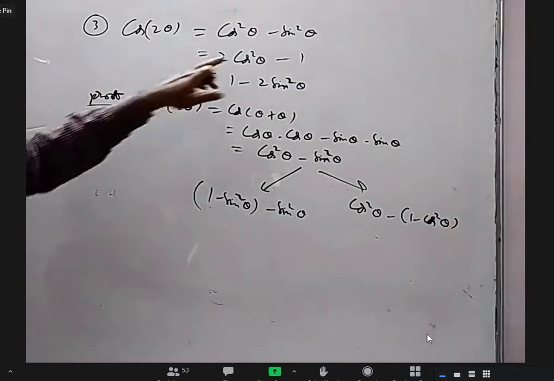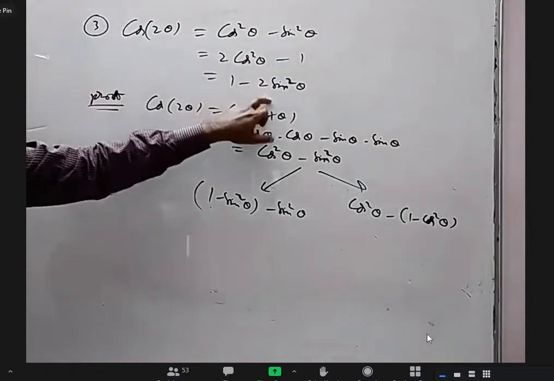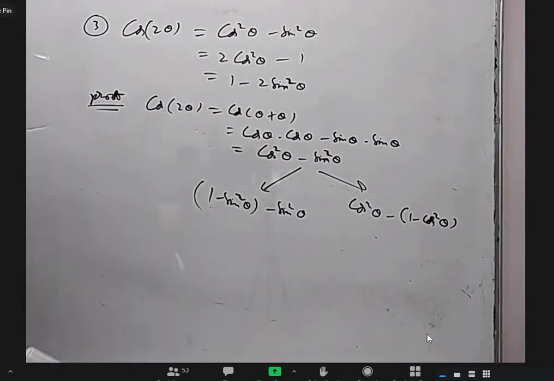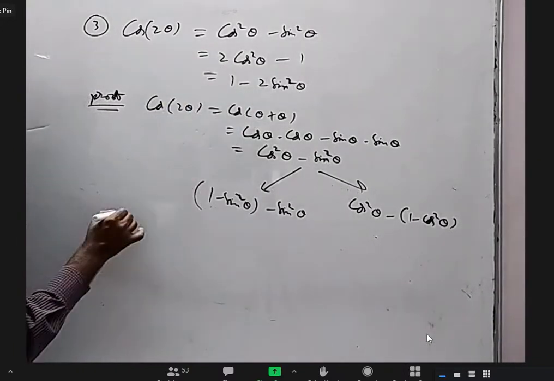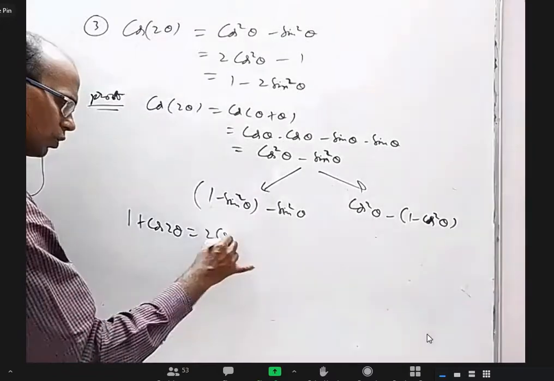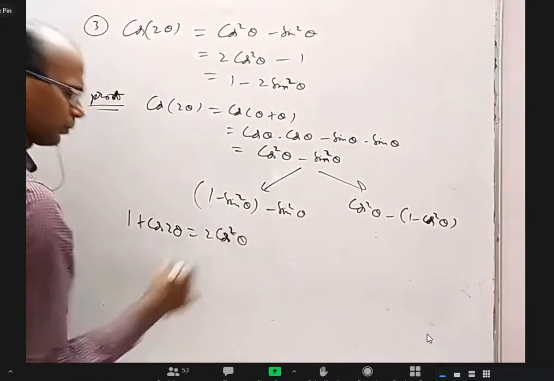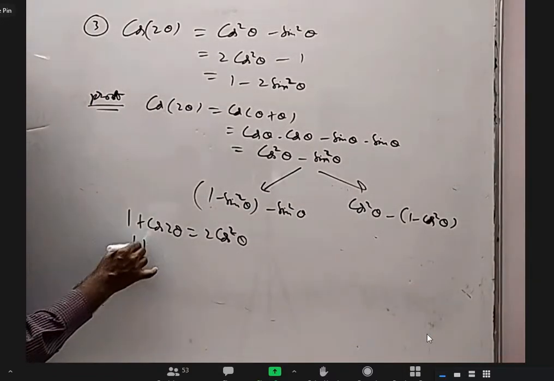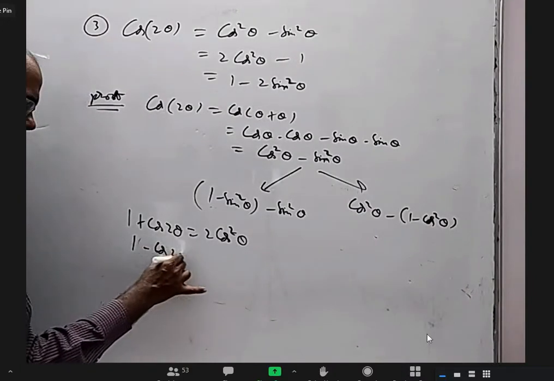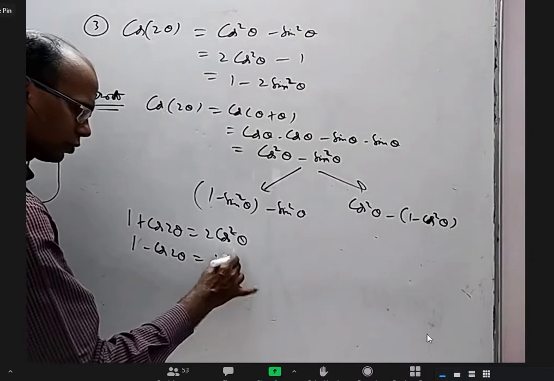So if you want it completely in terms of cos, this is the formula. If you want it completely in terms of sin, this is the formula. We use these formulas in different ways very frequently. For example, you bring this here. Very regularly, we'll be writing 1 plus cos 2 theta as 2 cos square theta in many places. Or 1 minus cos 2 theta, you will be writing as 2 sin square theta.